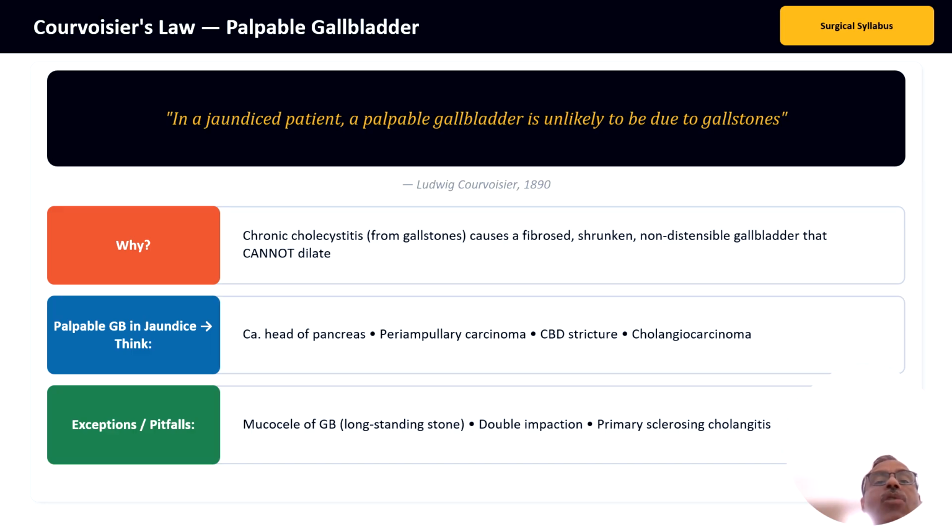Similarly, mucocele of the gallbladder in a long-standing stone, especially impacting in the infundibulum, can also be seen in a patient with obstructive jaundice, even though the etiology is benign. And of course, primary sclerosing cholangitis is another exception to Courvoisier's law. So these are the three classical exceptions: mucocele of the gallbladder, double impaction by the stone, and primary sclerosing cholangitis.